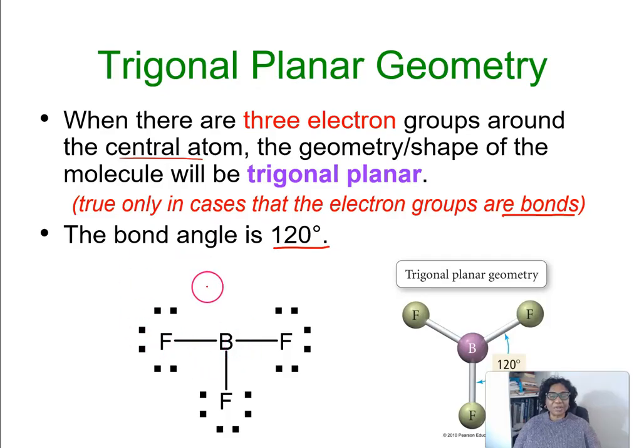So an example is boron trifluoride. You see the shape is planar. It's on the plane of the paper. That's why we call it trigonal planar geometry. So we have boron trifluoride, and we have aluminum chloride, AlCl3. These are some examples.